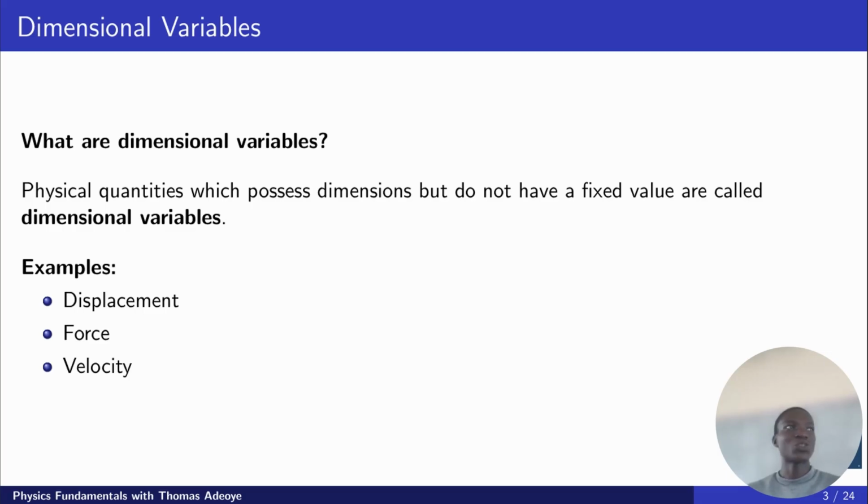The speed at which a car will travel depends on so many things: the kind of car, the road, traffic and things like that. So these are physical quantities. They have dimensions, but their values vary. That's why they are classified as dimensional variables. Okay, the dimensions of displacement, we did this last week. Check the video, that of force and velocity.